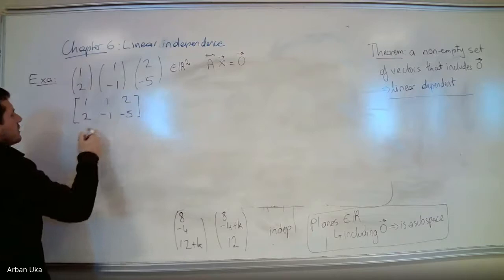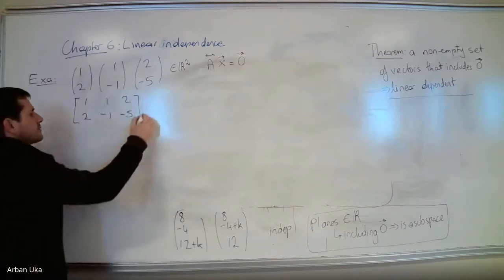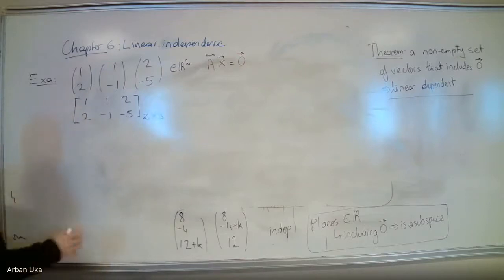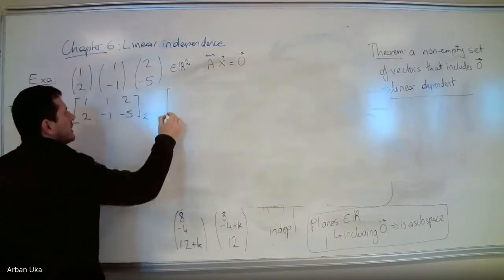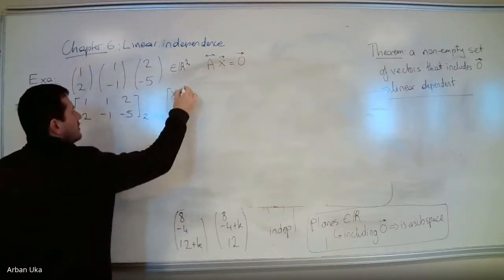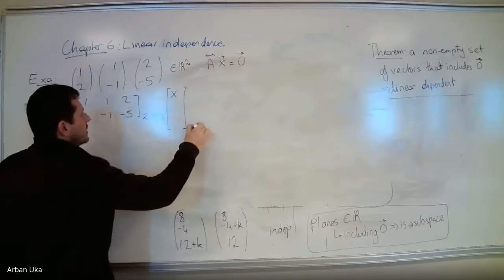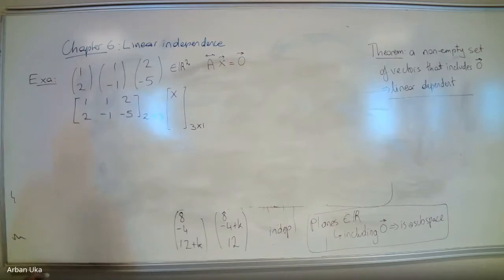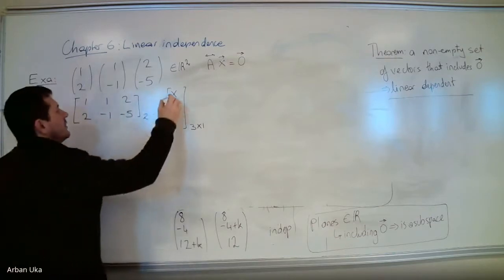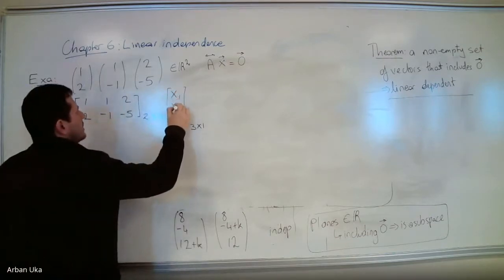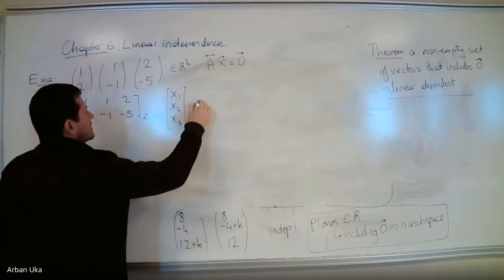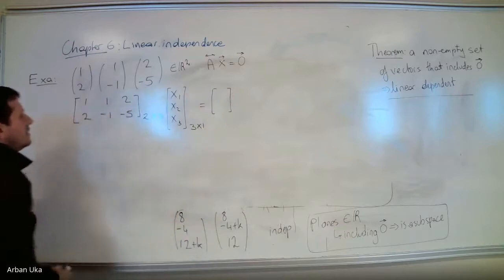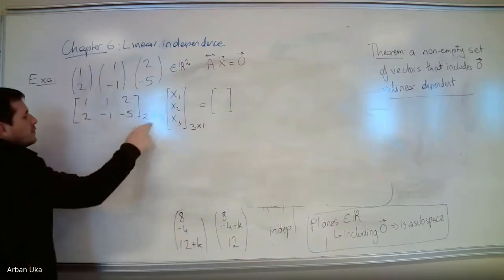So this is the matrix. What is the dimension of this matrix? This is 2 by 3. And then we have to multiply here with a vector which should be 3 by 1. Am I right? Yes, that's true. So this would be x1, x2, and x3. And here we should get an answer, which should be, what is the dimension here?